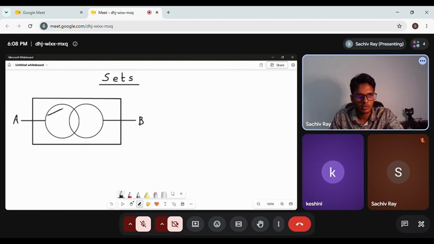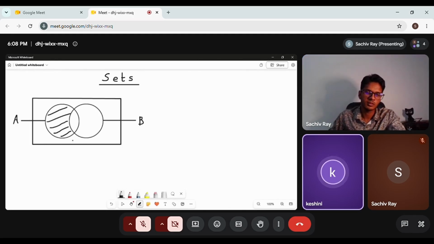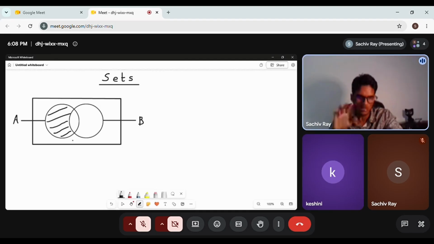What about this? How about that part? A intersection B complement. A intersection B complement. So you understand what's happening? Yes, sir.